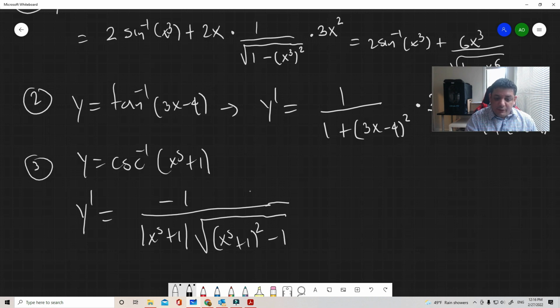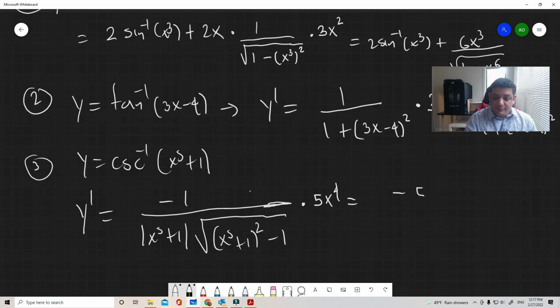And at this point, of course, we just did the derivative of cosecant to the minus 1. So we need to multiply by the chain rule. So we need to multiply by the derivative of the inside function, which is x to the 5 plus 1. So we take the derivative of that, we're going to get 5x to the 4. The derivative of 1 is 0, and that's it.